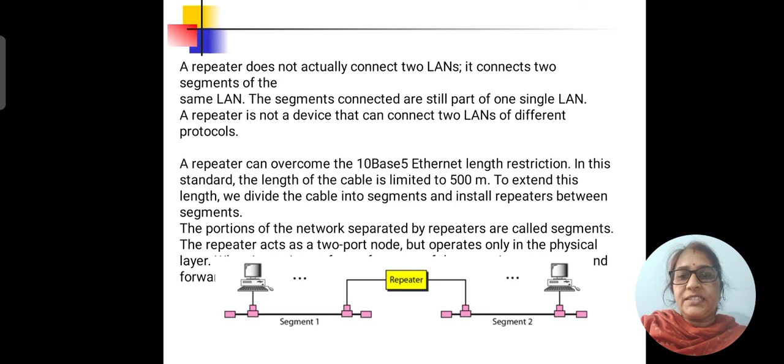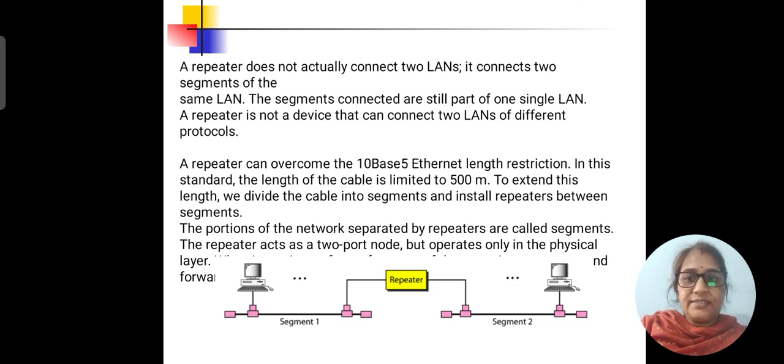As we studied in the earlier slide, where we are connecting two segments, segment 1 and segment 2, our repeater actually connects two systems of the same LAN. Here a repeater can overcome the 10Base5 or Ethernet length restriction. In this standard, the length of the cable is limited to 500 meters.